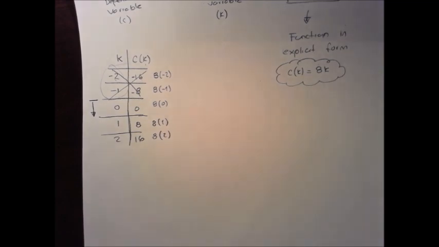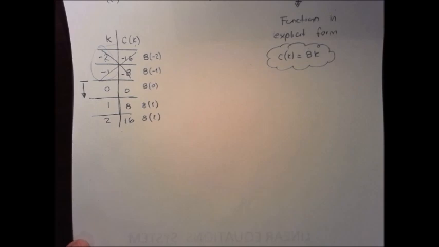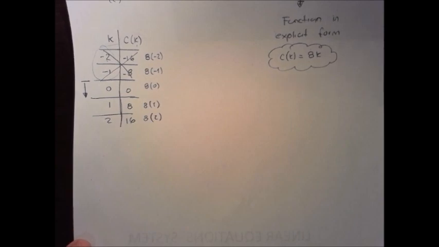Okay, so now the question is, how many kilograms can you buy? 0? Well, if you want to buy 0, it means that you are not going to buy apples. Can you buy 1 kilogram? The answer is yes. 2, 3, 4, maybe 10, maybe 20. What about if you want to buy 1,000 kilograms of apples?